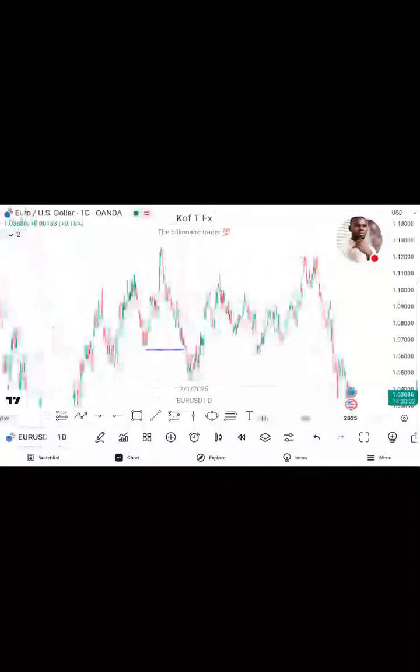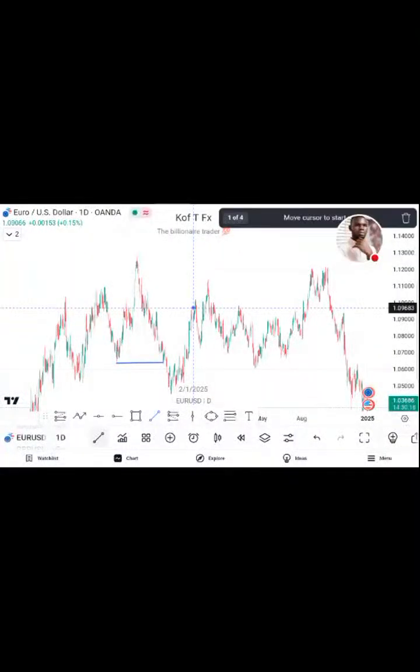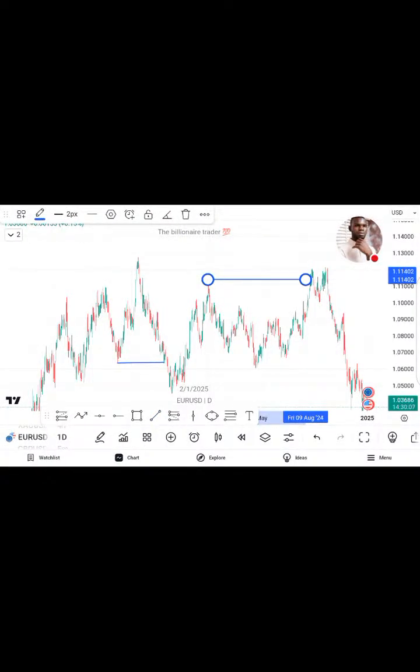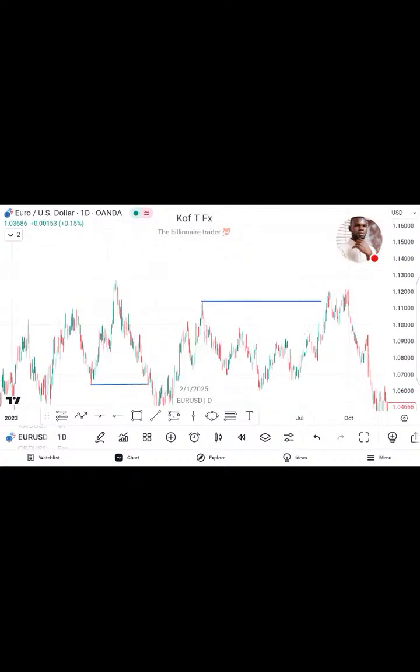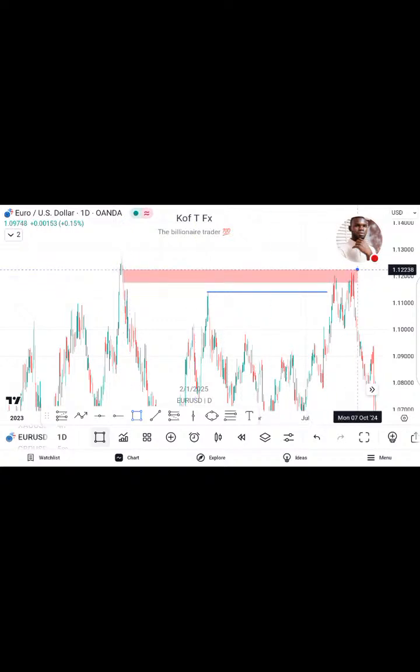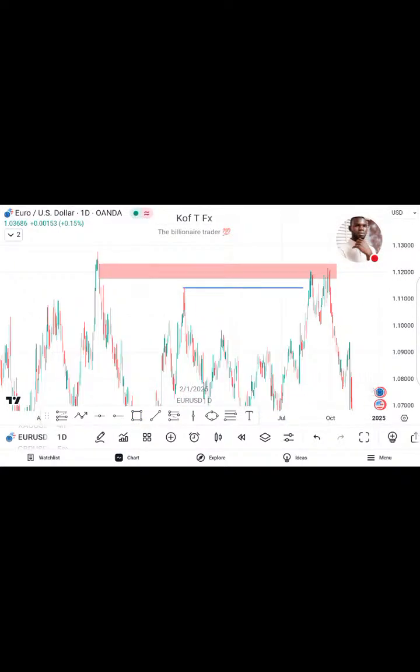After the break of structure, we have this engineered liquidity. That's the liquidity, and as you can see, there's still an average above that high, and price actually came into this zone for mitigation.